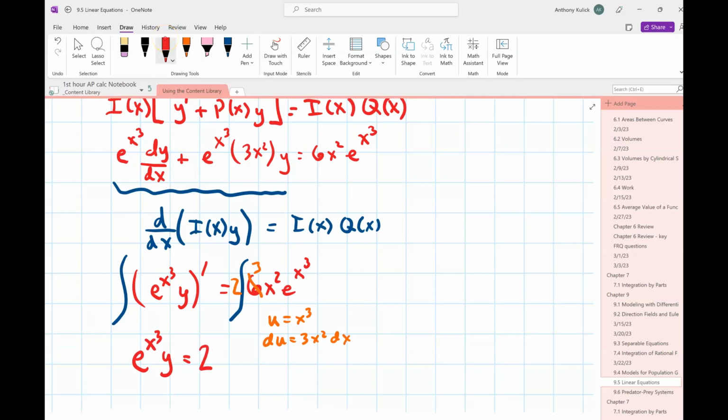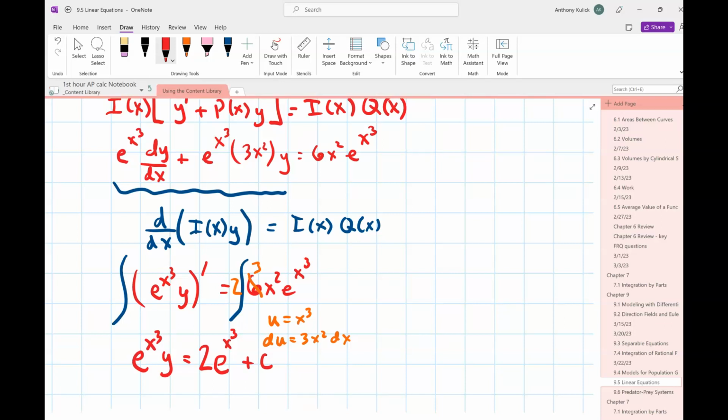So I have my 2, and the integral of e to the u du is just e to the u. And then we have our plus c, right?